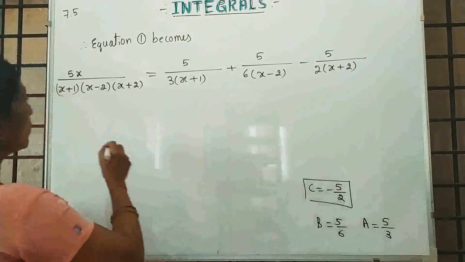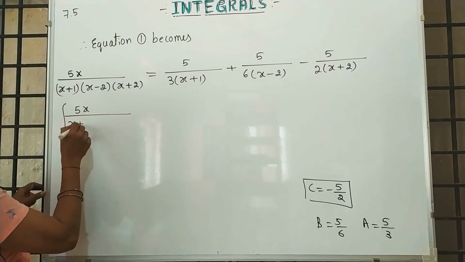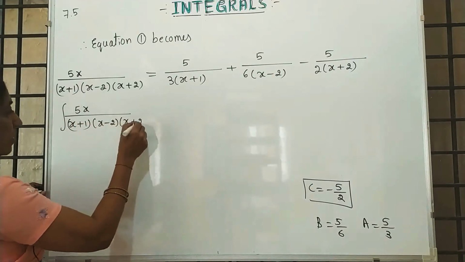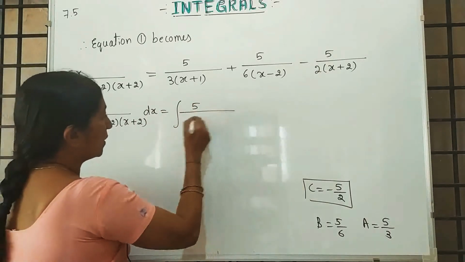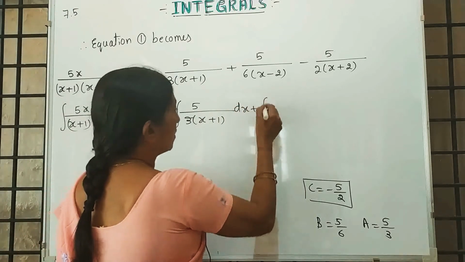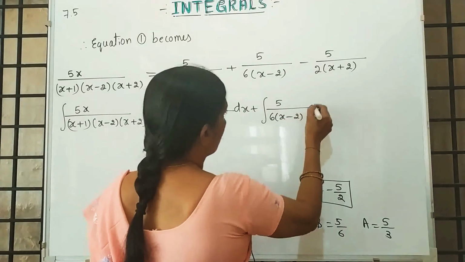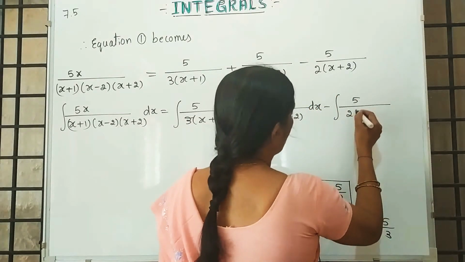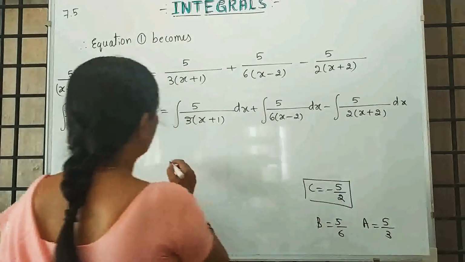Now integrate both sides with respect to x. Integration of 5x upon (x plus 1) into (x minus 2) into (x plus 2) dx is 5 upon 3 into 1 upon (x plus 1) dx plus 5 upon 6 into 1 upon (x minus 2) dx minus 5 upon 2 into 1 upon (x plus 2) dx.